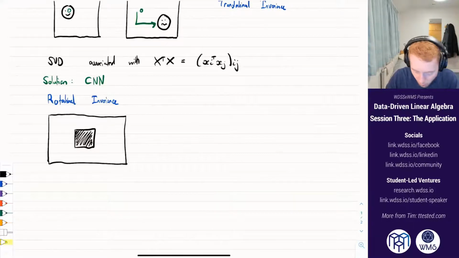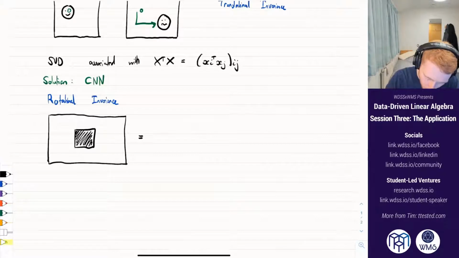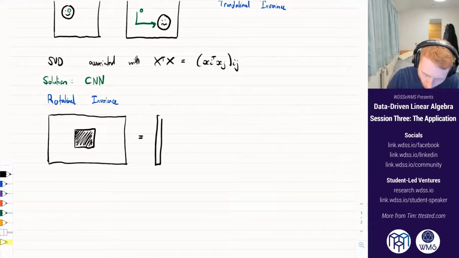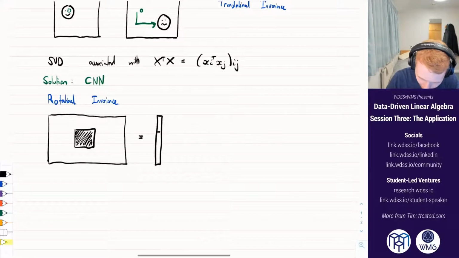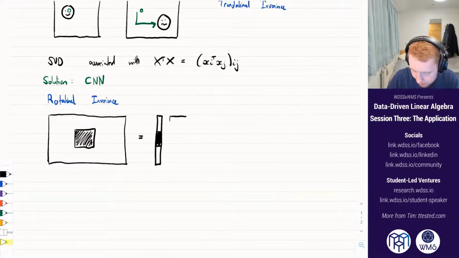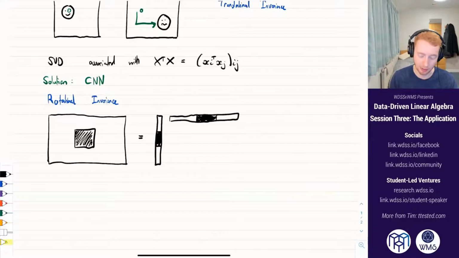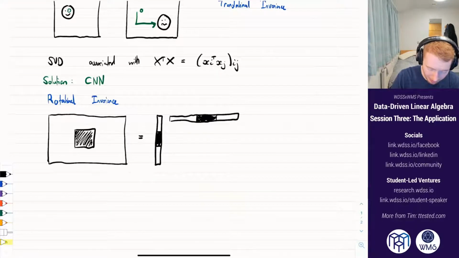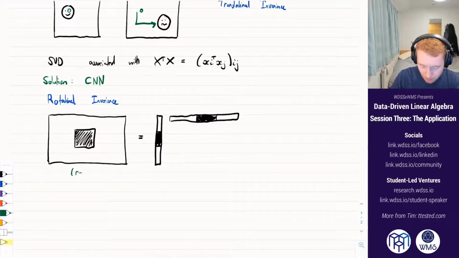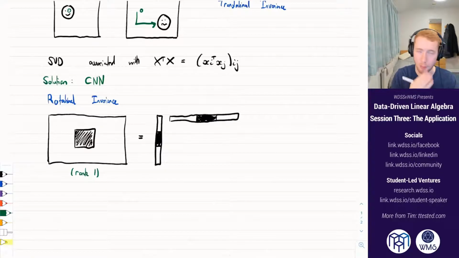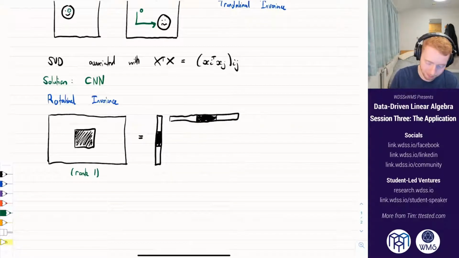And actually we can represent this very easily, as we could take a column vector, which is just black in the middle, and a row vector, which is black in the middle. And then the product of these is going to give us this matrix that we had originally. So this has a rank 1 representation.